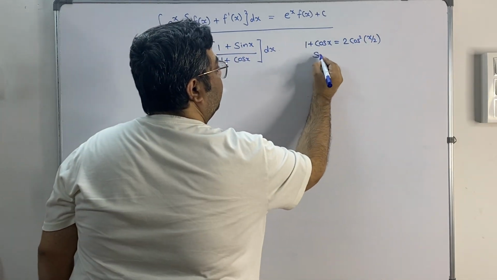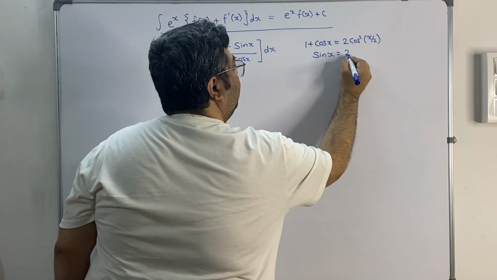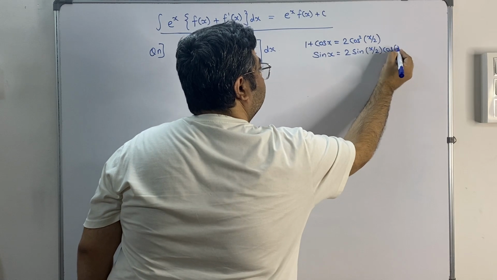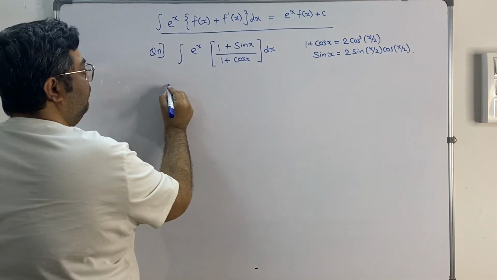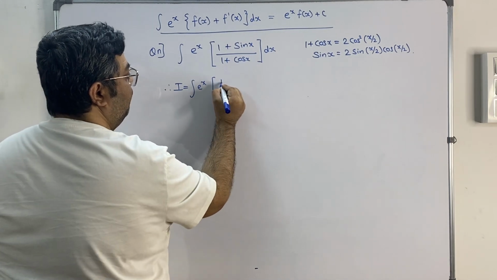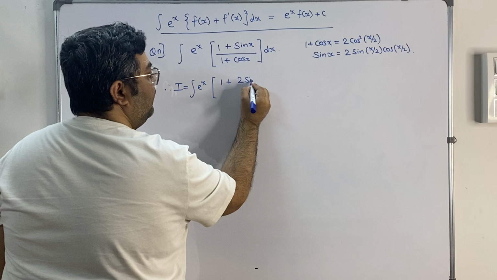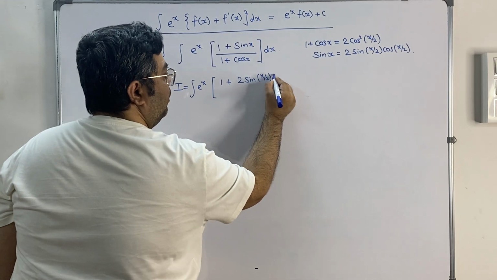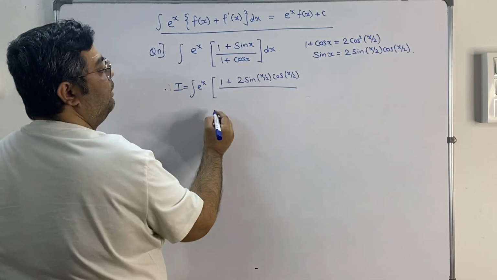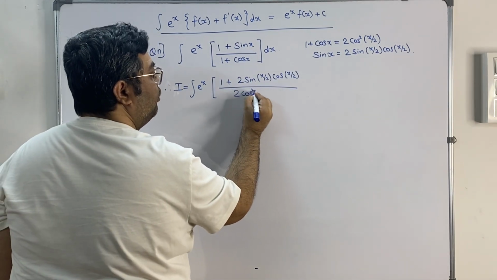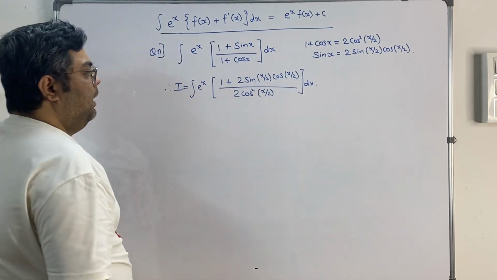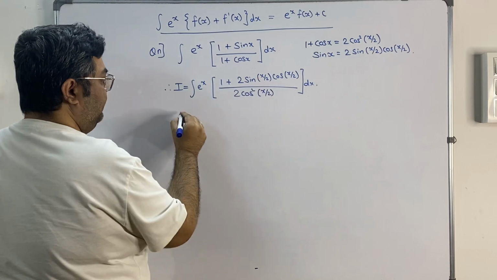Sin x is 2 sin x by 2 cos x by 2. Therefore, I is e raised to x (1 plus 2 sin x by 2 cos x by 2), and here in place of 1 plus cos x we write 2 cos squared x by 2, dx.